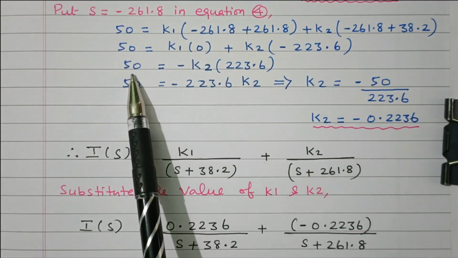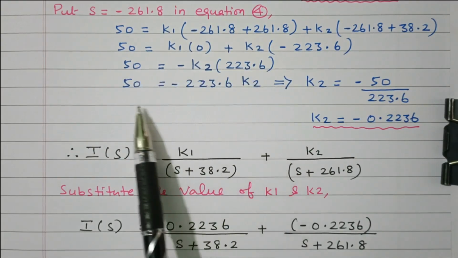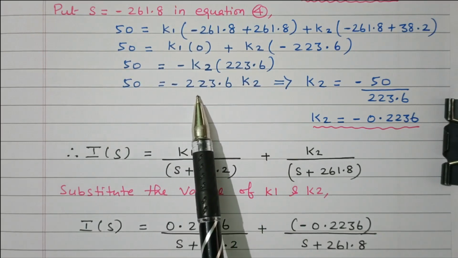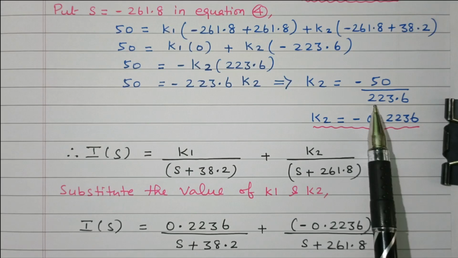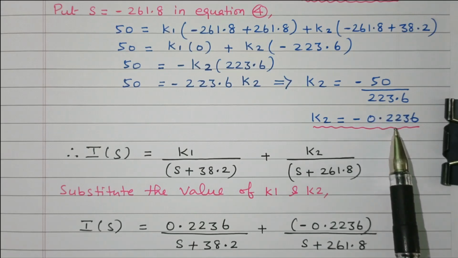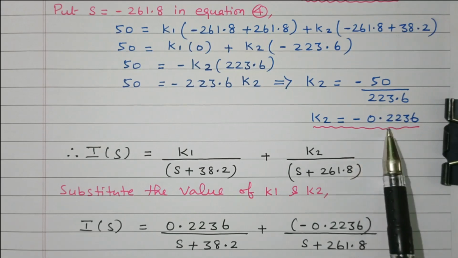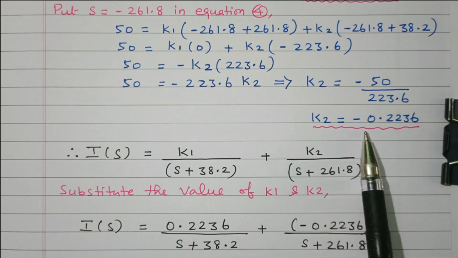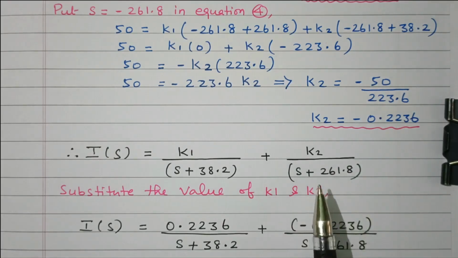That is 50 equal to minus K2 into 223.6. So K2 equal to 50 divided by 223.6 with a minus sign. That value is minus 0.2236. So K1 is plus 0.2236, and K2 is minus 0.2236.